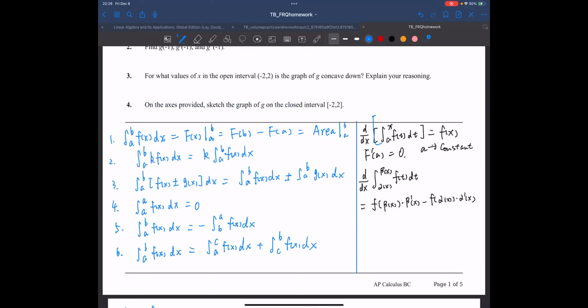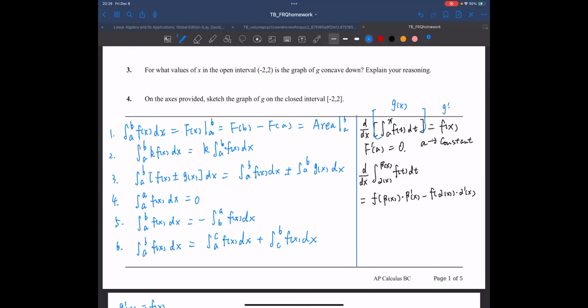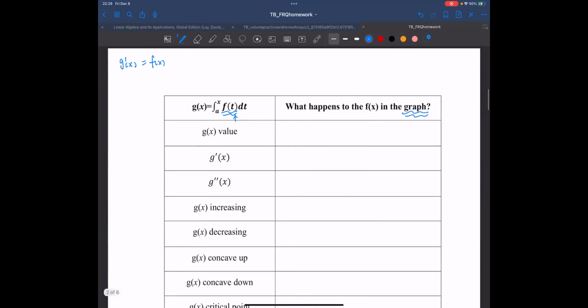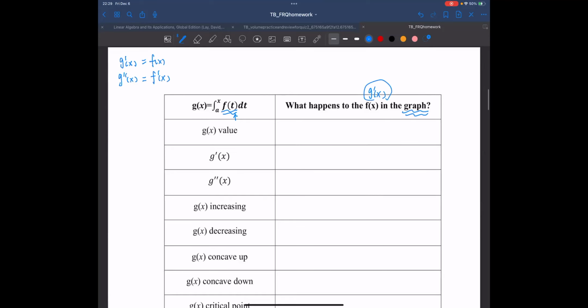This is the g x. Right? d over dx, so that means g prime x. So you get the graph of g prime x, the derivative function, but all the questions are about the function of g of x. So we need to write something more here. G prime x equals f of x. So g double prime of x just equals f prime x. Okay, so the graph is about the g prime.